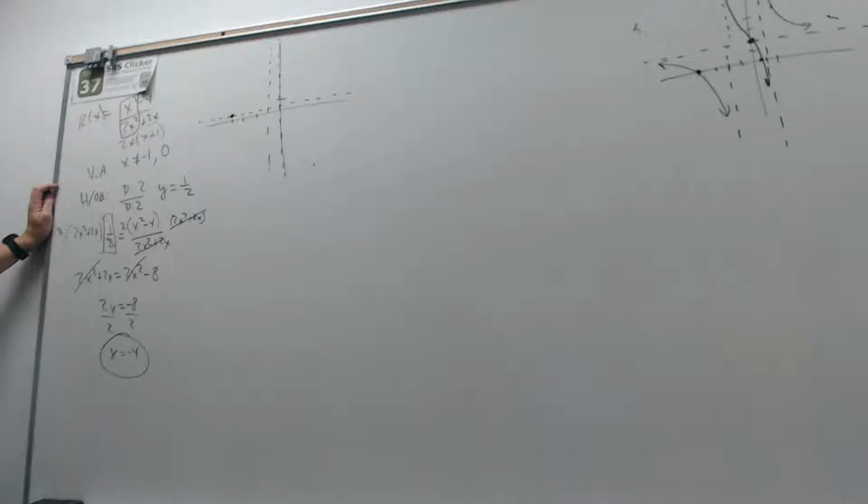Let me see, what did I do wrong here? I said it equals 1/2, 2x squared plus 2x equals 2x squared minus 8, 2x, x equals minus 4. Did I write the problem down right? 2x squared minus 4, 2x squared plus 2x.